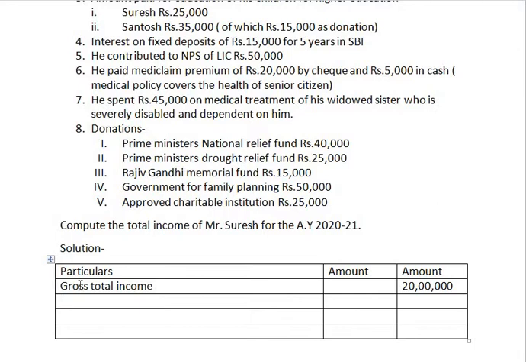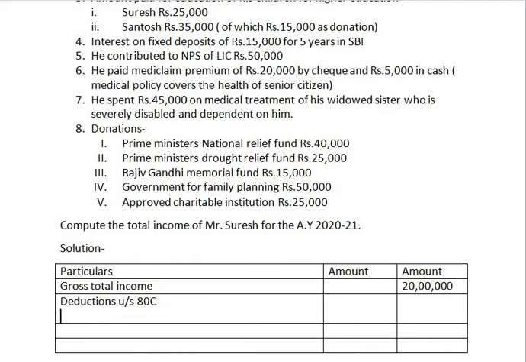From this gross total income, now we have to deduct deductions under section 80C. We have to find out one by one. In the question, first contribution is made in recognized provident fund.